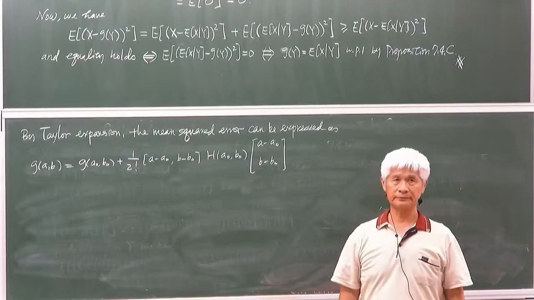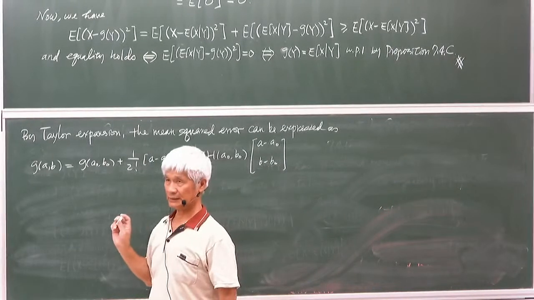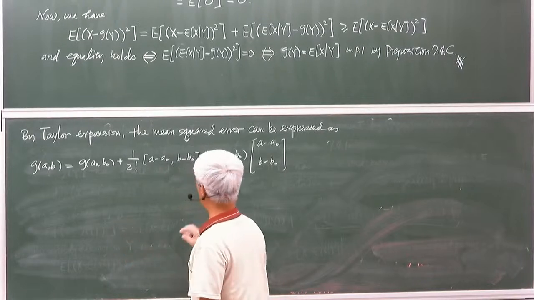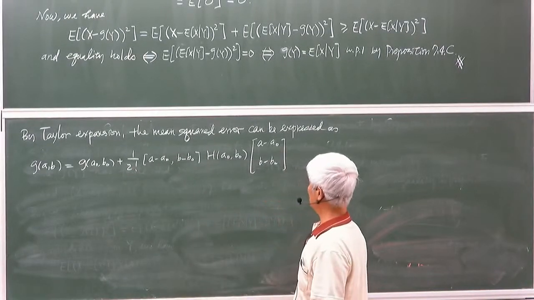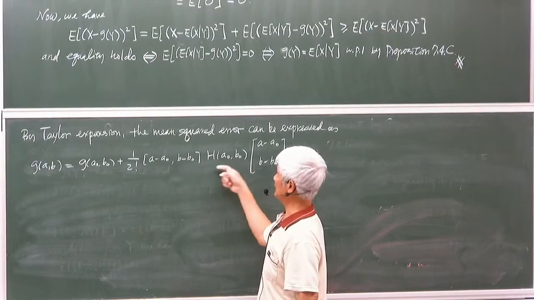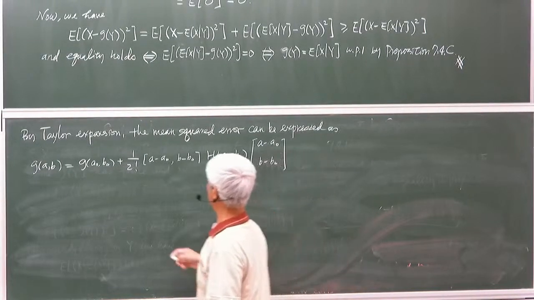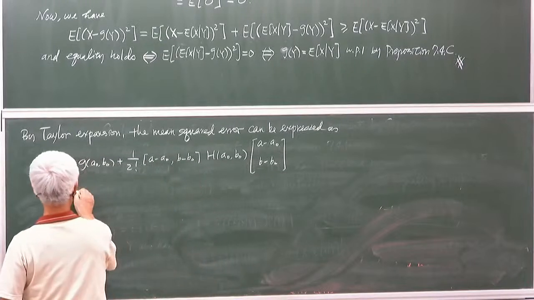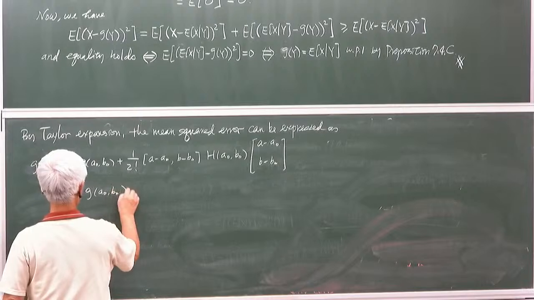Because the gradient is 0 already. So this is a quadratic function, and so this is greater than or equal to G of A0 and B0.